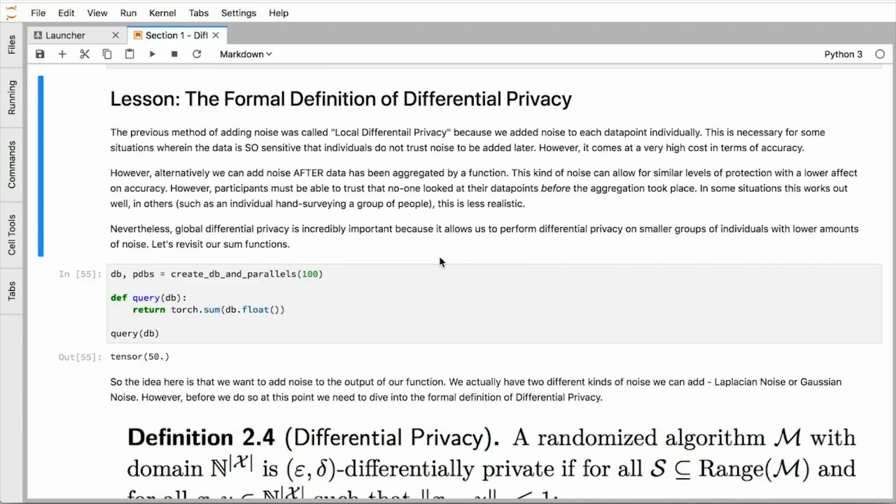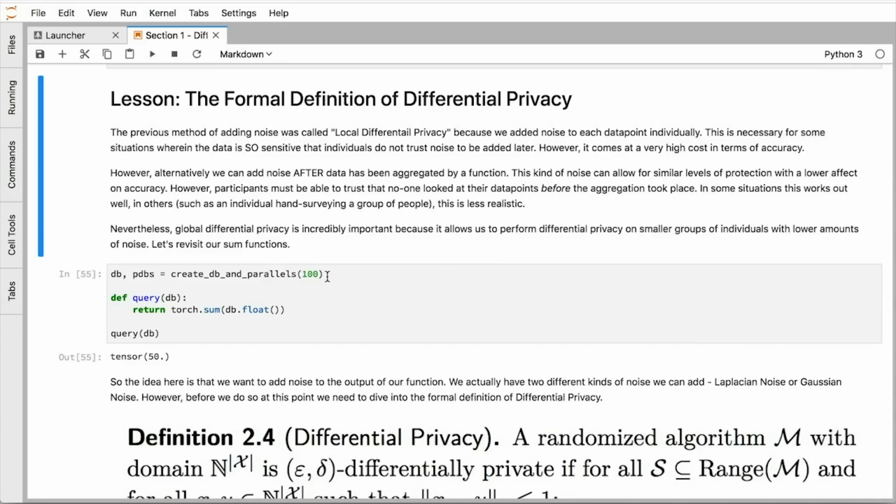And the advantage in general, and this is a little bit of a sweeping statement, is that you can often add a lot less noise and get a much more accurate result if you wait to add the noise until after you've computed a function. And the reason for this is that many functions actually reduce the sensitivity involved.